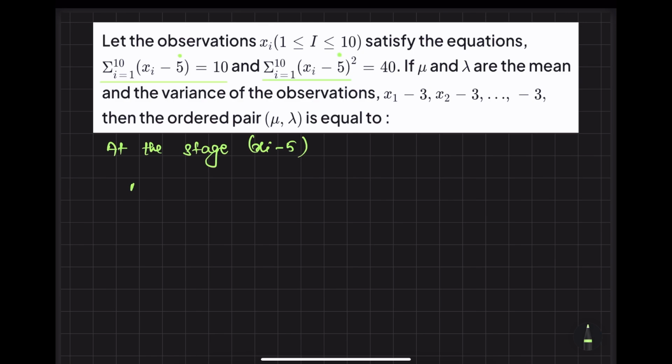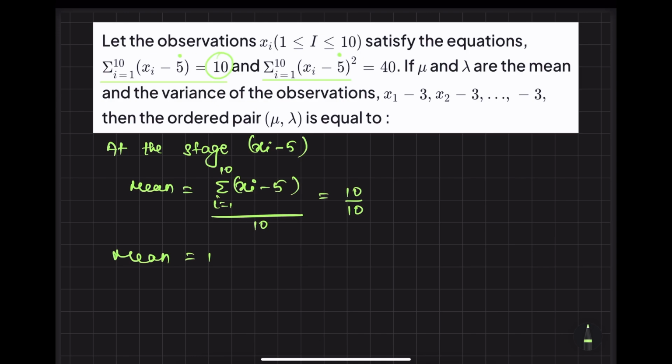So for mean, I should go with summation of xi minus 5, i from 1 to 10, divided by 10, and the sum is given to be 10. So this thing will become 1. So can I say that the mean at the given stage is 1? This result is very important.